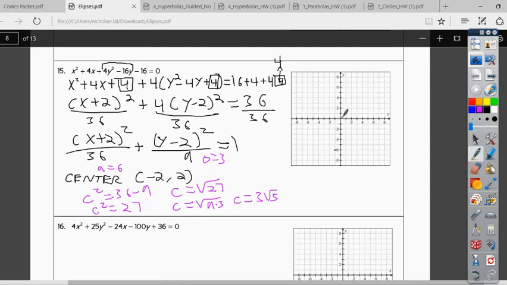So our center is still at (-2, 2), but then we go 6 units each way, and 3 units up and down. So these are the vertices and the co-vertices. This is the ellipse.